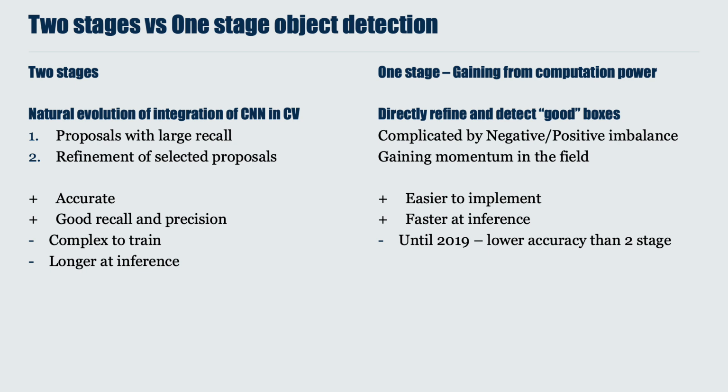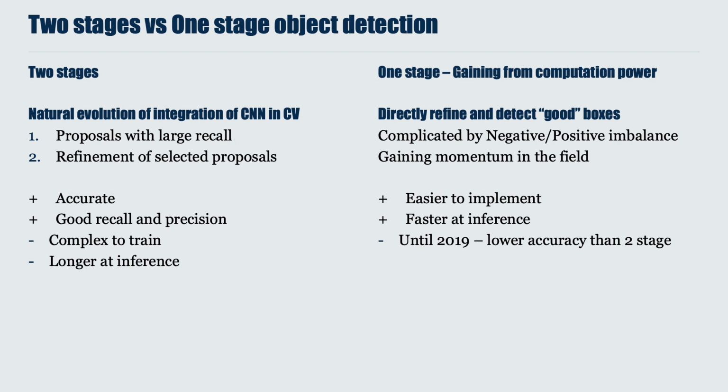So now, after this introduction, we will try to go a bit more in depth into the different types of object detection frameworks that exist. We'll talk first about the two-stage ones that we will focus on during the tutorial, and then we will have another part that will mostly focus on the one-stage ones that are gaining from all the improvement in computational power.